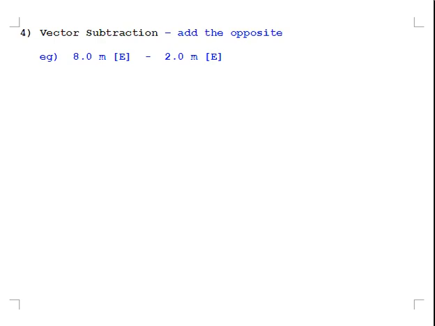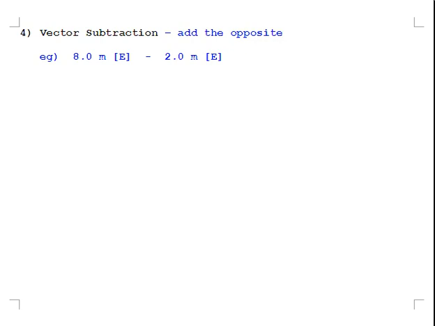Here's an example. You walk 8 meters east, and then if you were to take away 2 meters east, what's another way of thinking about that? If your brain works like mine, sorry, this is a scary thought, you might say, well, 8 meters east and then taking away 2 meters east, isn't that like adding 2 meters west?